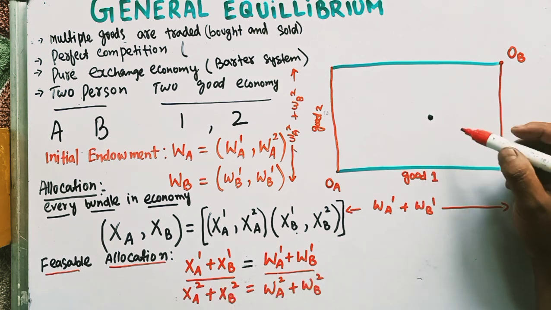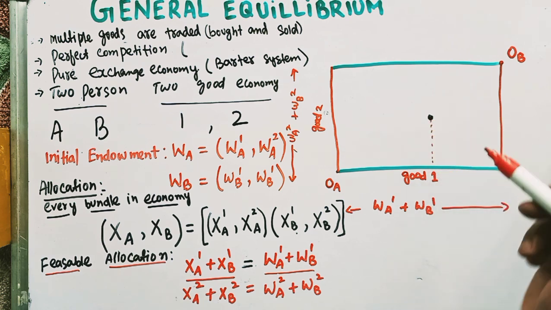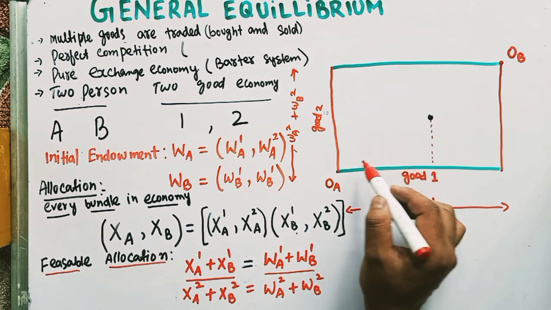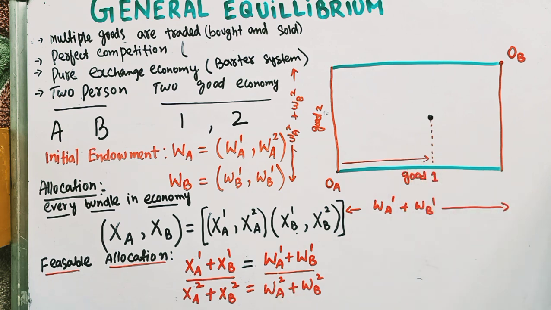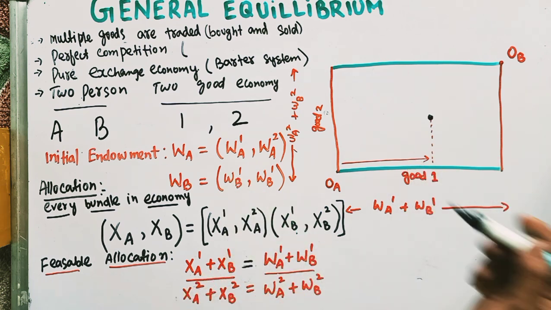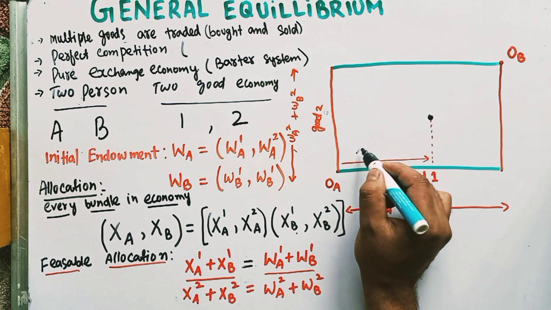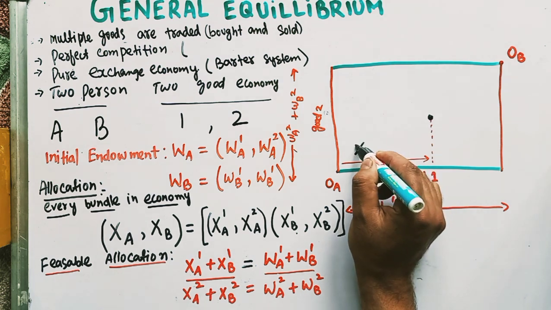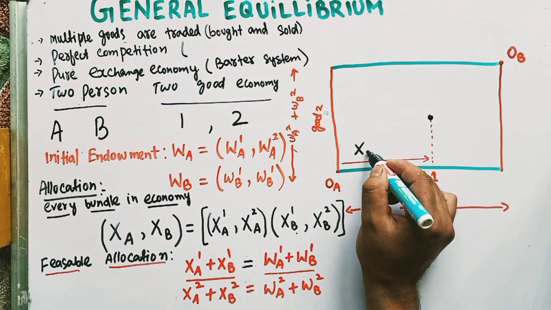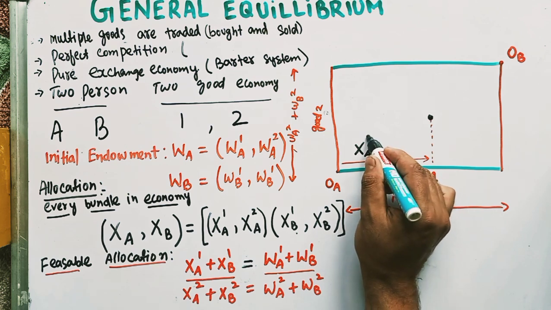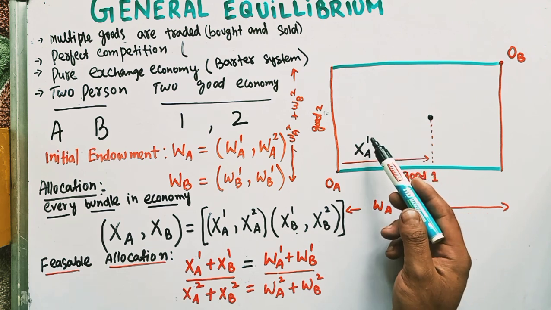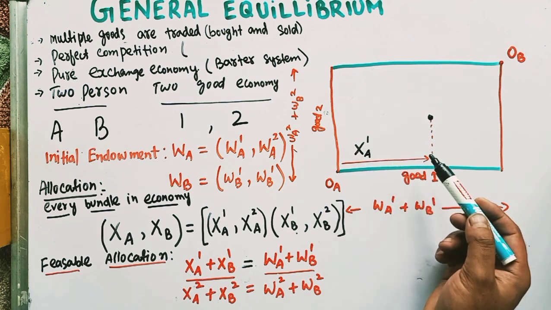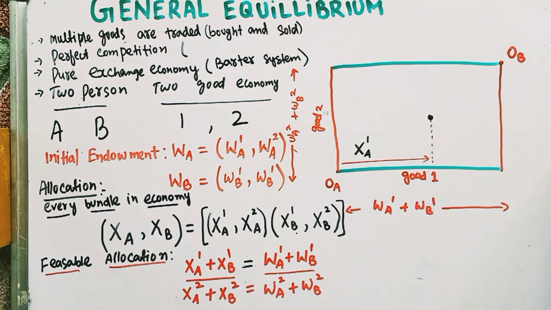This point A shows units of good 1. Let me write it here like this: XA1. So this shows the units of good 1 consumed by person A.